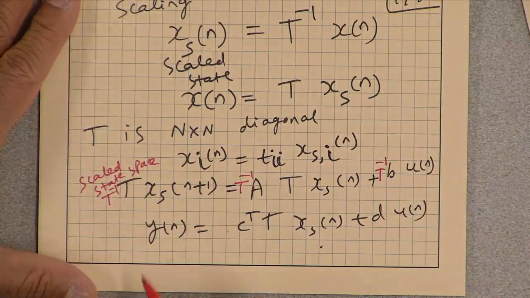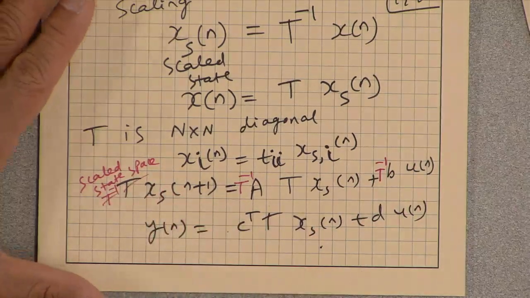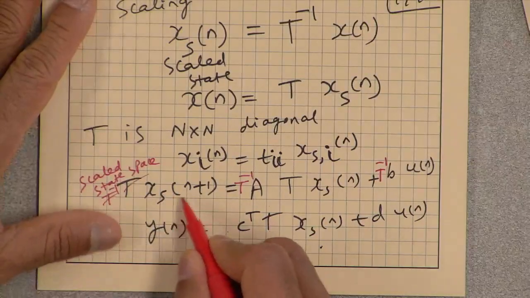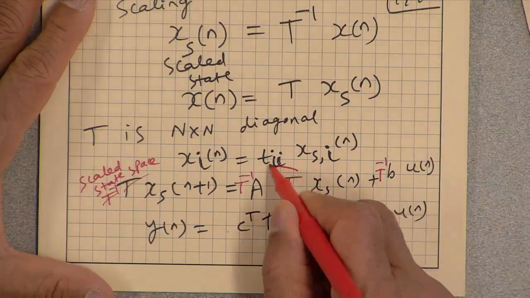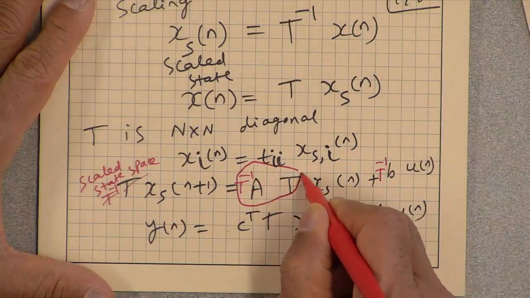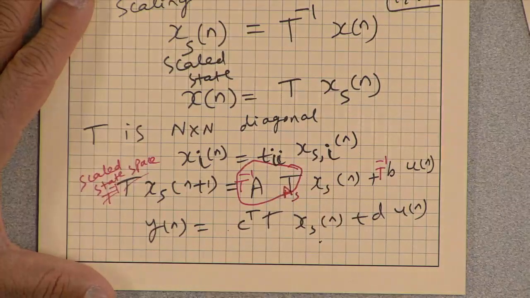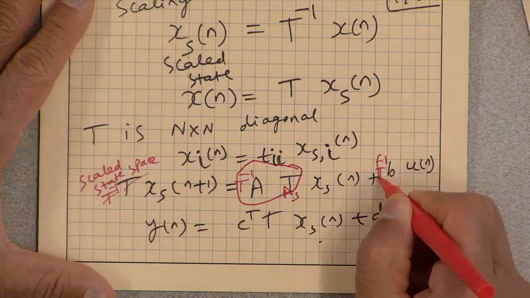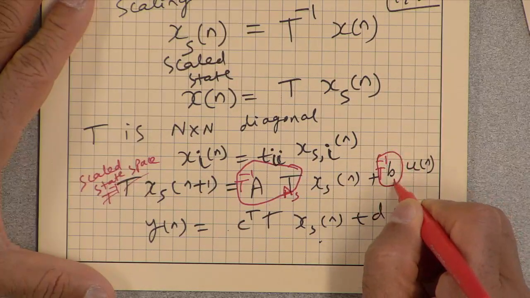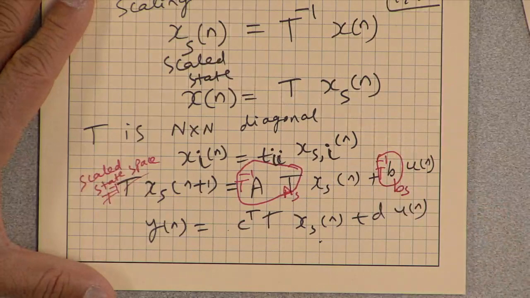If I do that, then T inverse and T cancel out, and we have x scaled n plus 1 equal to, I can call this whole thing A scaled, times the x scaled state, plus B scaled times un.